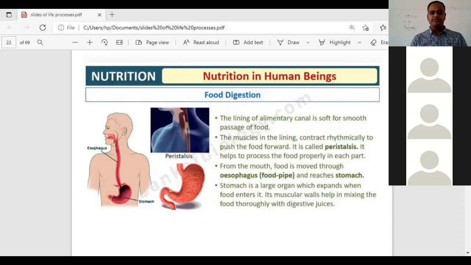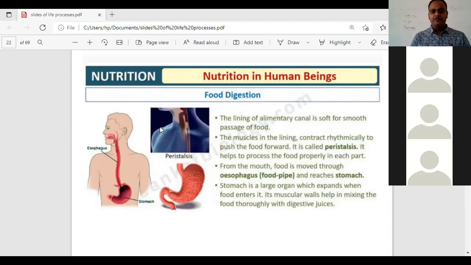Yes, Priyanshu. Priyanshu, unmute yourself. Yes, sir. Priyanshu, what is peristalsis? Just now we have discussed how the food from the mouth enters into the stomach. Yes, sir. Sir, peristalsis is a rhythmic contraction and expansion of the food pipe to help food properly reach each part of the stomach.